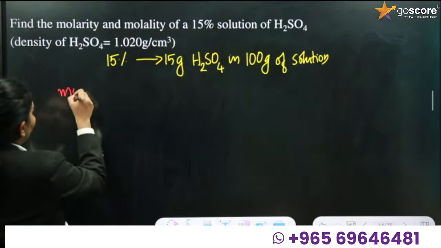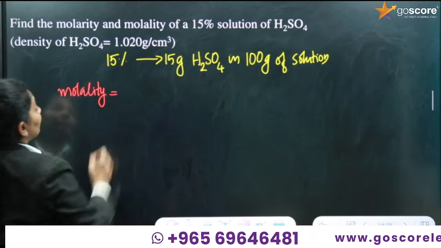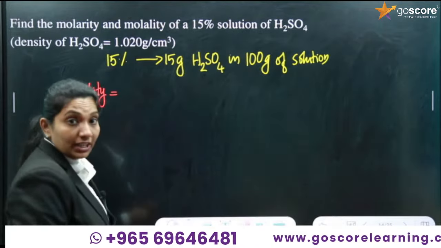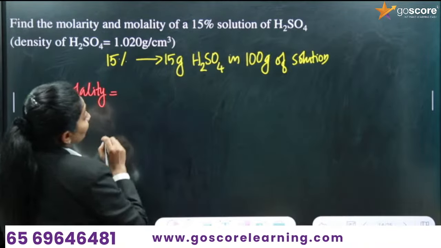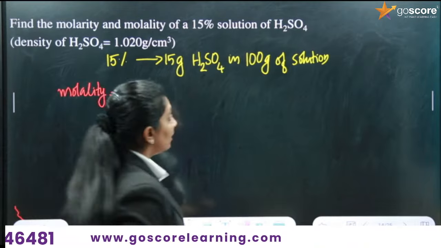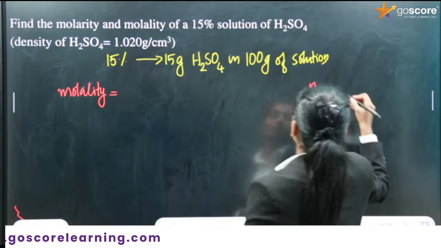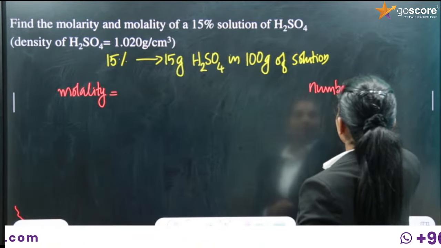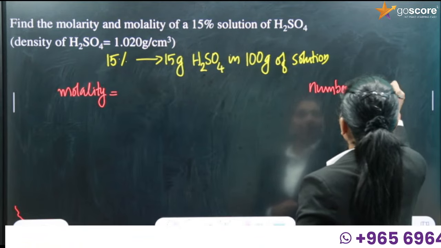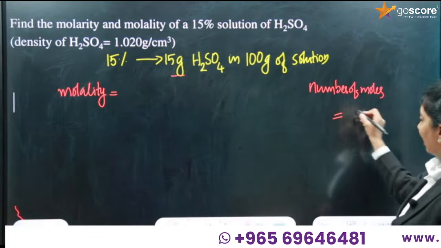Molality is the number of moles of solute divided by mass of solvent in kilogram, right? So first we want to find out the number of moles. What is the number of moles of H2SO4? Number of moles is equal to given mass, and the given mass is 15 gram, right?